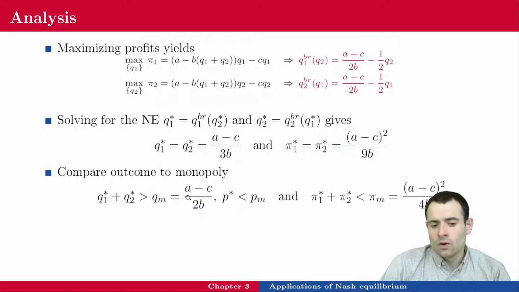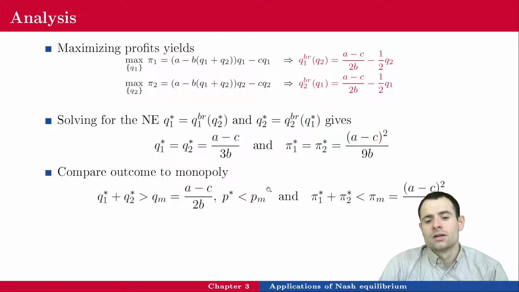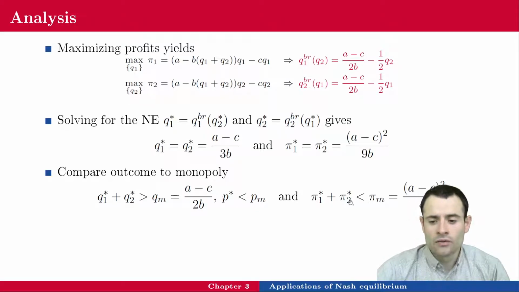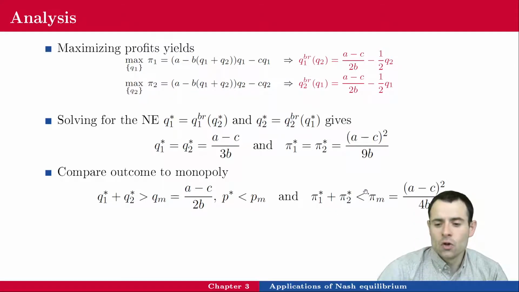Now, if you compare this with the overall output when two firms compete, you can add those two numbers and it will give you a higher number than QM. So the overall quantity when firms compete will be higher than in the case of a monopoly. As a consequence, the price under Cournot competition will be lower than under a monopoly. And the sum of the profits when firms compete is lower than the profits a monopolist would make.